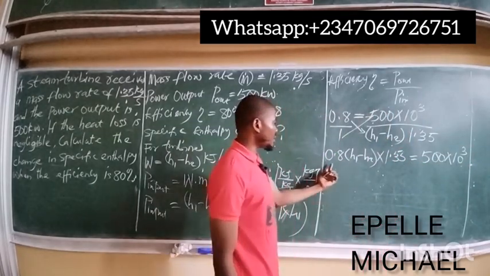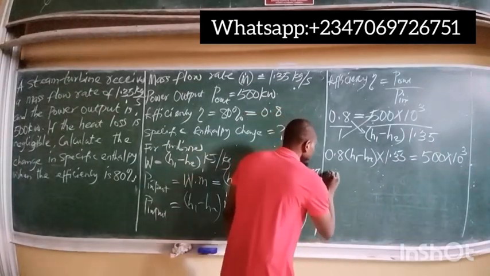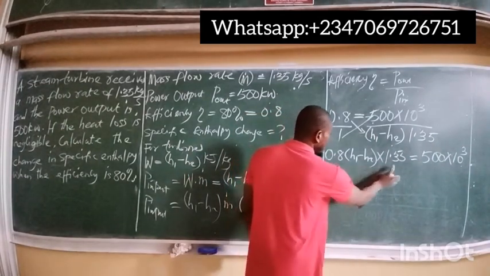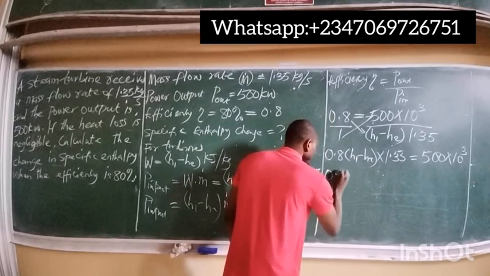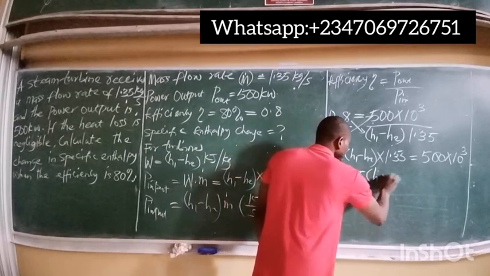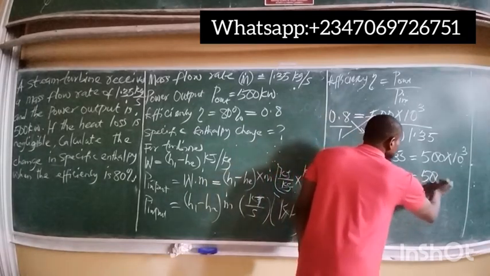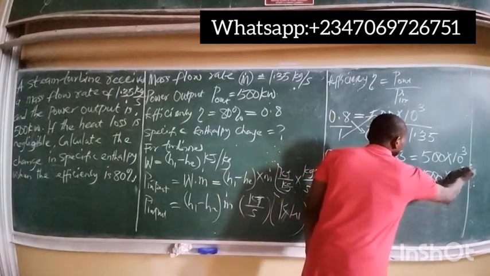Here 0.8 multiplied by 1.35 gives us 1.08, so 1.08 into h1 minus h2 equals 500 by 10 to the power of 3.